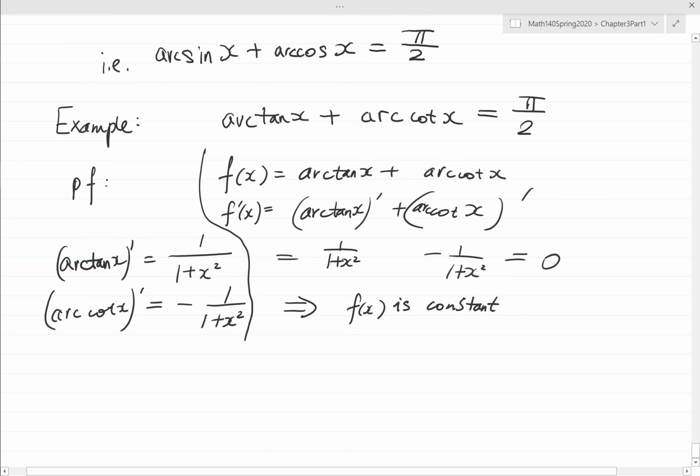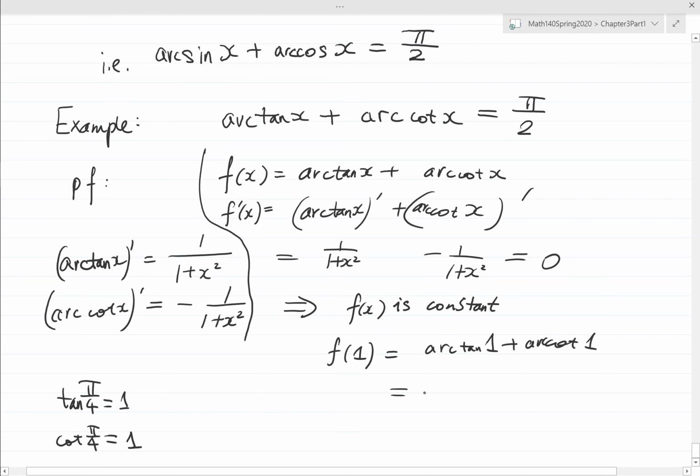Now, to find the constant, for instance, you plug in 1: arctangent of 1 plus arccotangent of 1. Now, remember tangent of pi over 4 is 1, and cotangent of pi over 4, 45 degrees, is 1. So arctangent of 1 is actually pi over 4, and arccotangent of 1 is actually pi over 4.